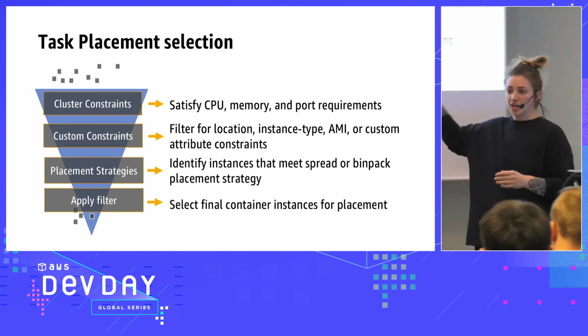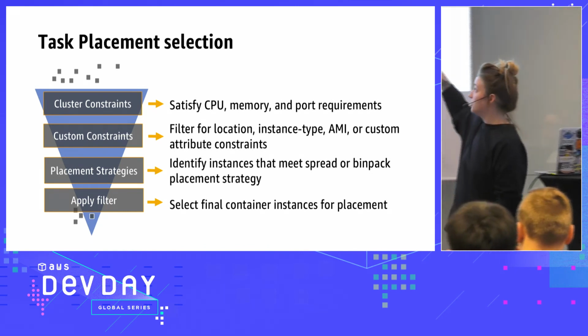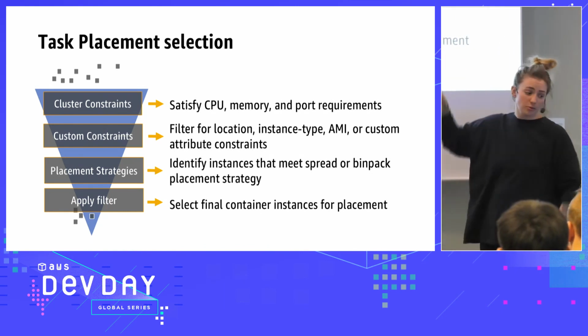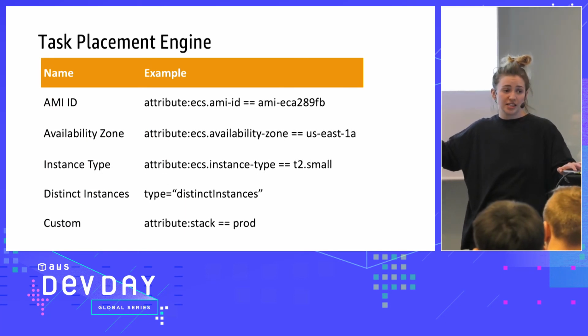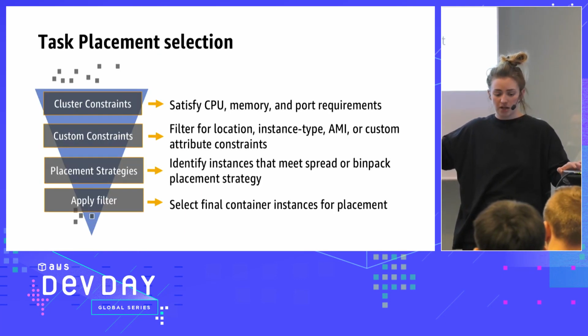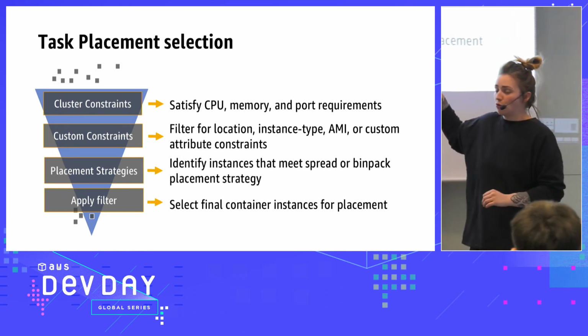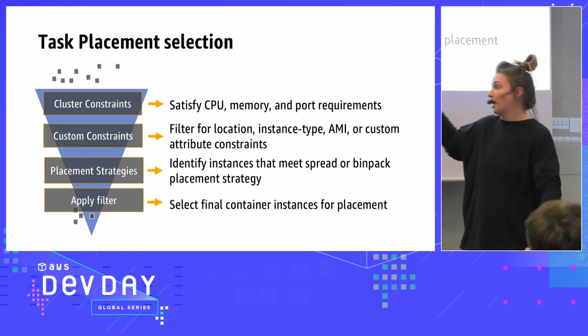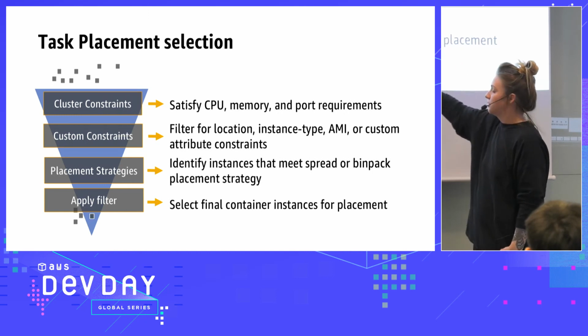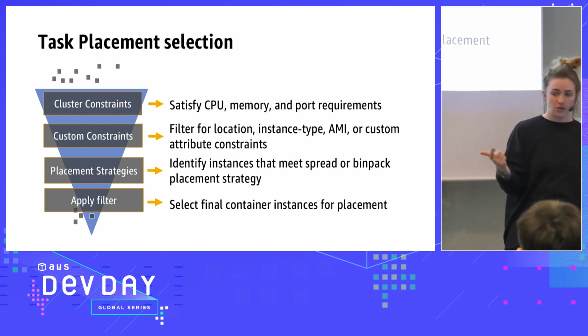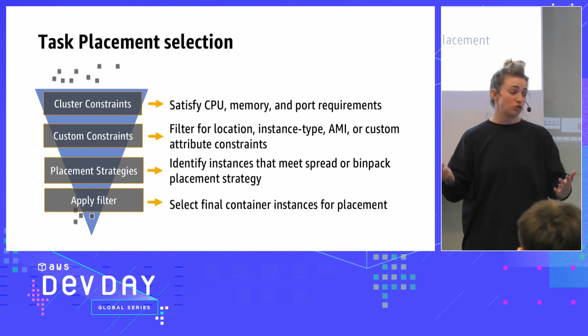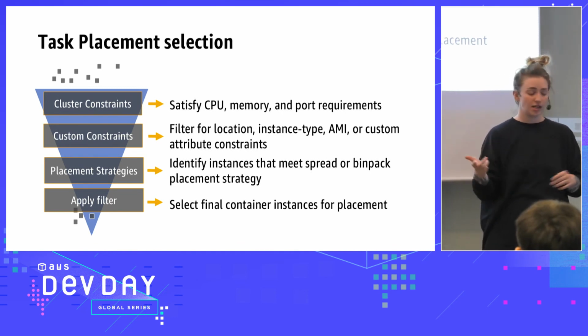So the agent will satisfy those constraints first. Then it will look for custom constraints, and those are the ones that we just talked about. So things that I wrote myself outside of the actual placement engine. Then it will meet my strategy, which we're going to look at on the next slide, and then it will select my final instance. So hard constraints, custom constraints, strategy, if I've chosen one, and then select the final one.